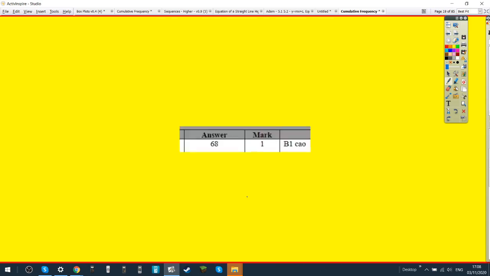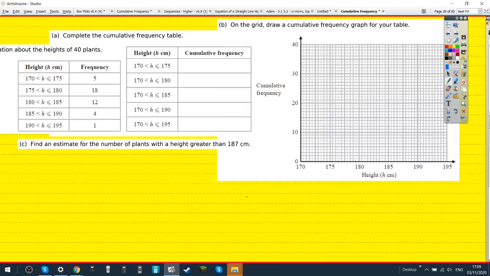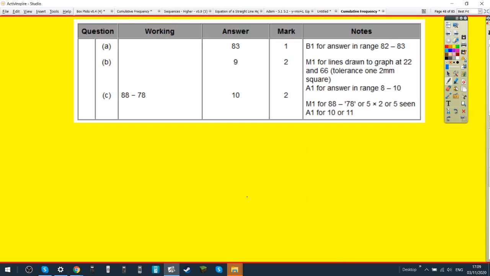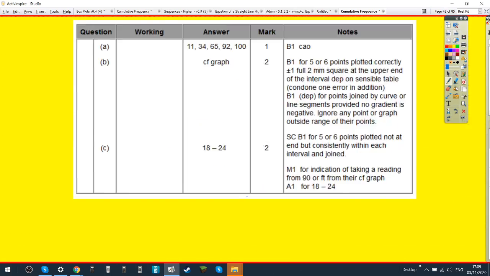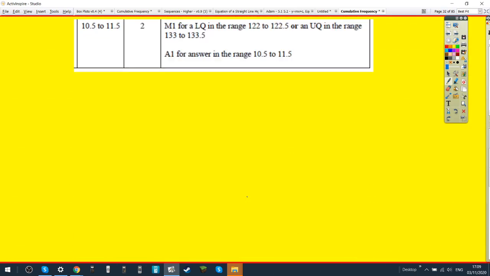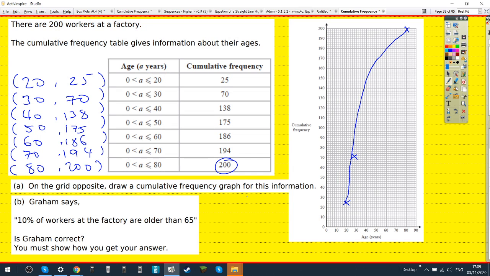Oh, hang on. How would you find the median if you have the curve? How would you find the median using this? The median of the line.